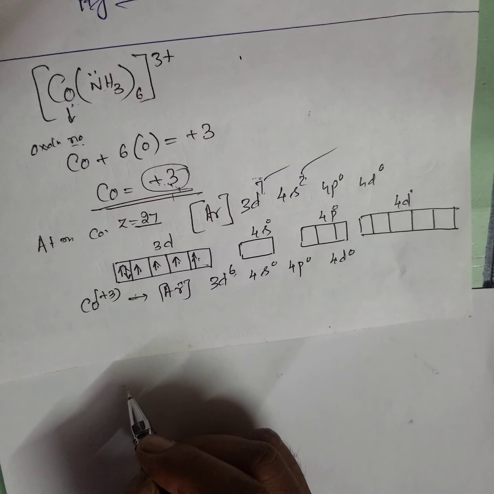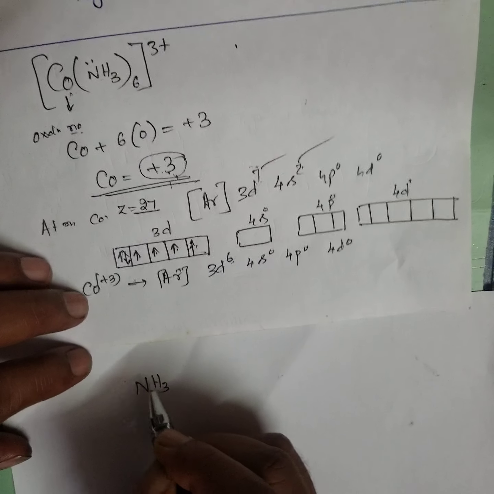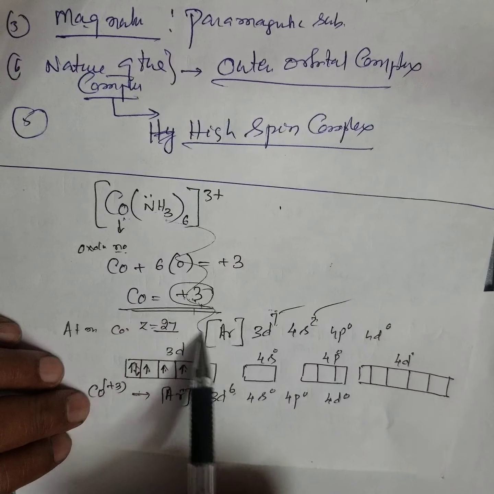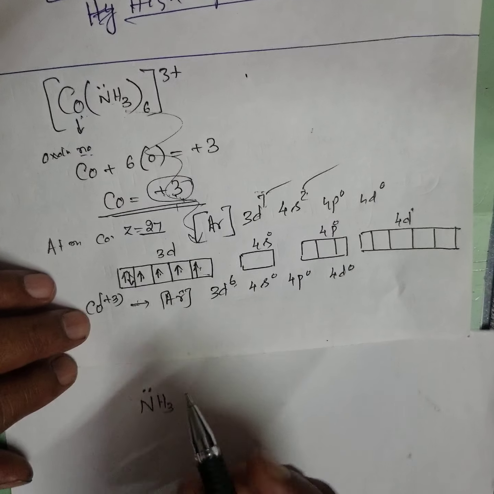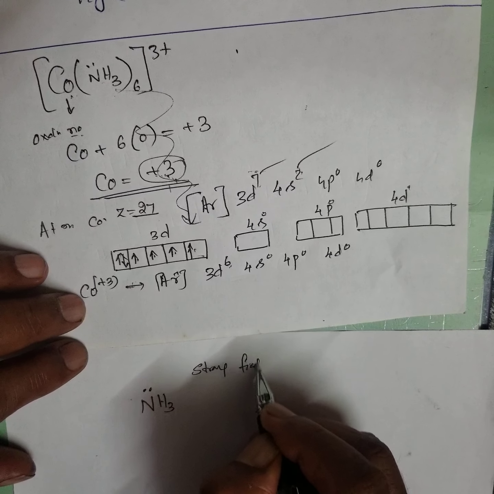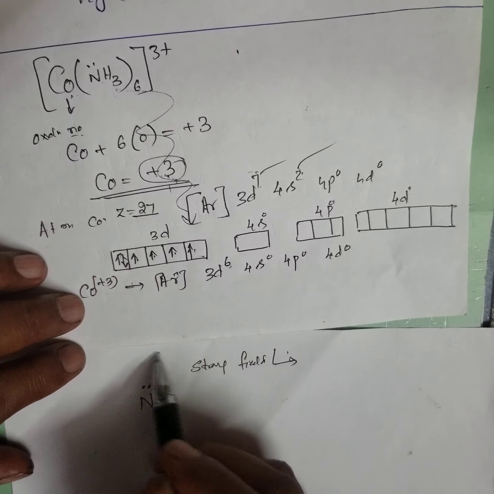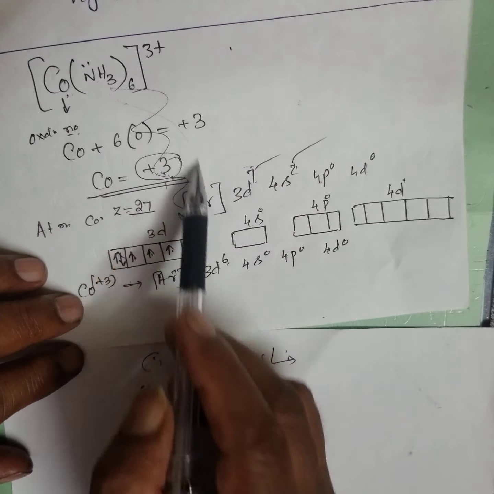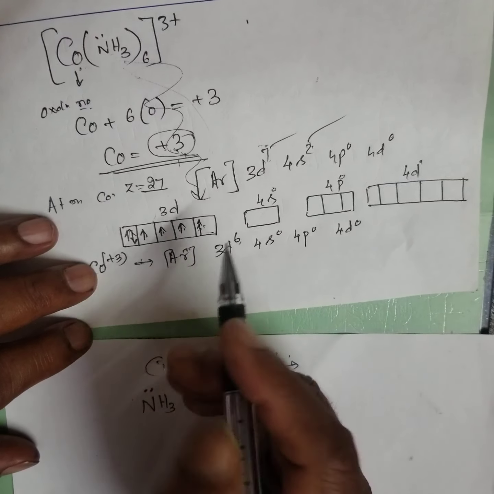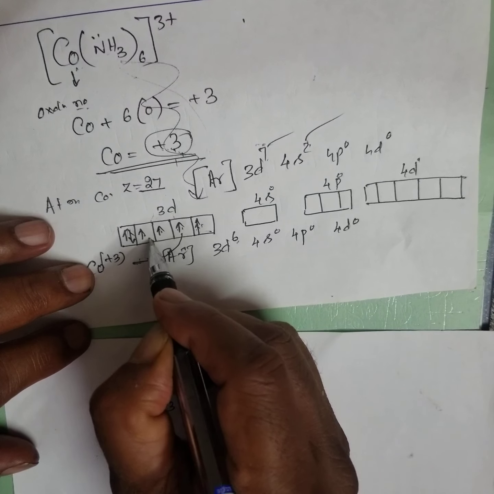See now, all 6 ammonia molecules are approaching here. As you know, ammonia is a strong field ligand. Therefore, as soon as it comes, think about a tiger coming and attacking, what will happen? These 2 electrons, this electron come here. This will go here.